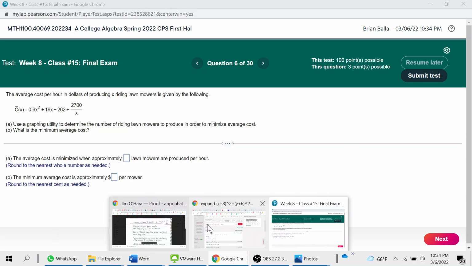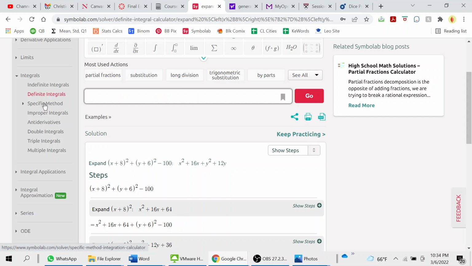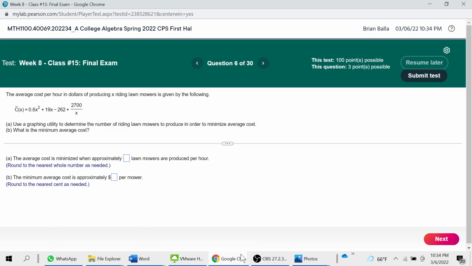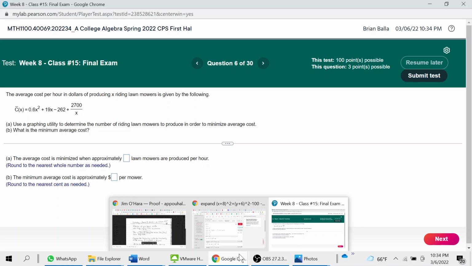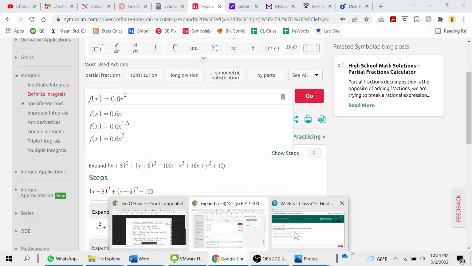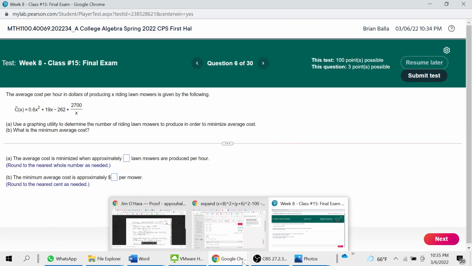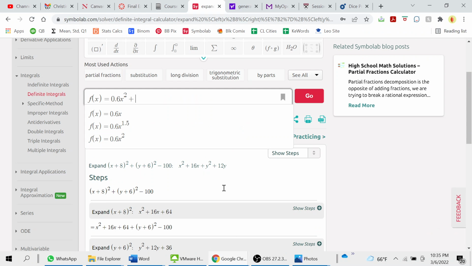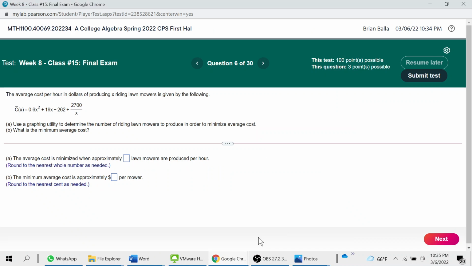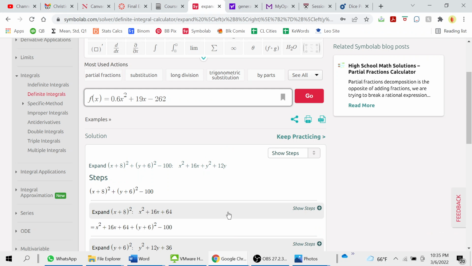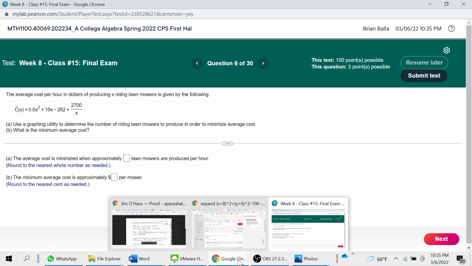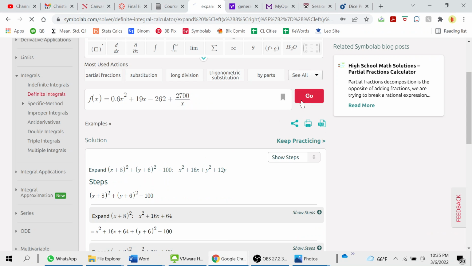Alright, 0.6x squared plus 19x minus 262 plus 2700 over x. Okay, and that's it. So therefore we're going to minimize this function.